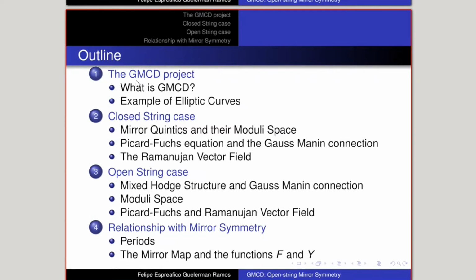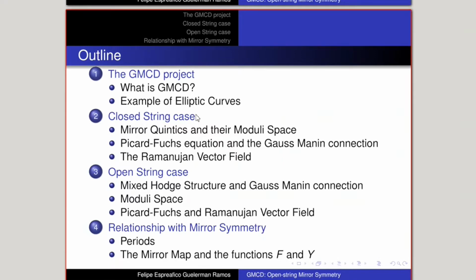So a brief outline of what I'm going to speak about today. First, I'm going to talk about the GMCD project, which is a bigger project idealized by my advisor, Hossein Movasati.